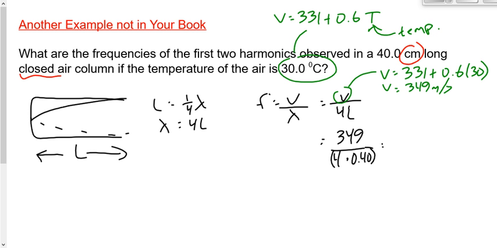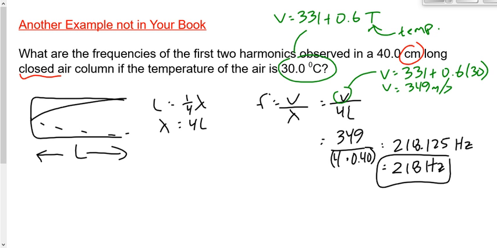Let's do this math here now. 349 divided by 1.6 gives me 218.125 hertz, which we're going to round to 3 digits, which is 218 hertz. There's the frequency of the, what have I just found? That's the first harmonic.